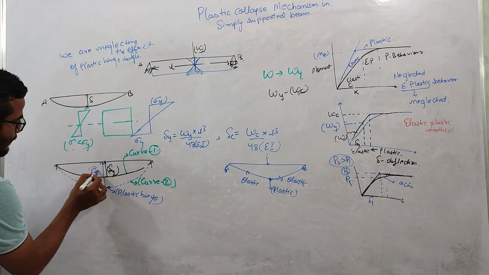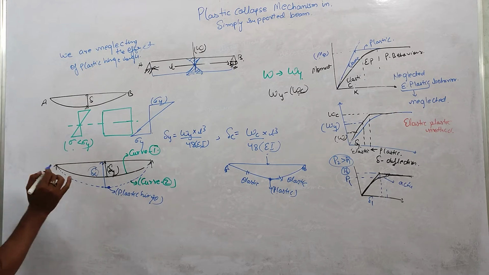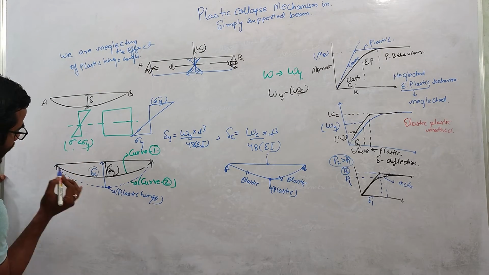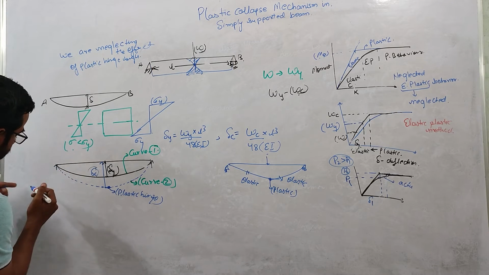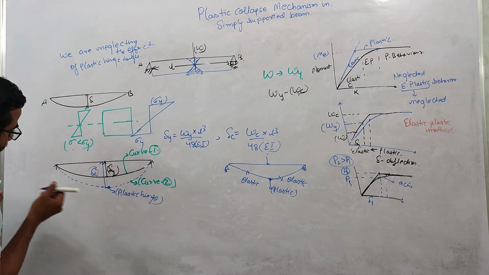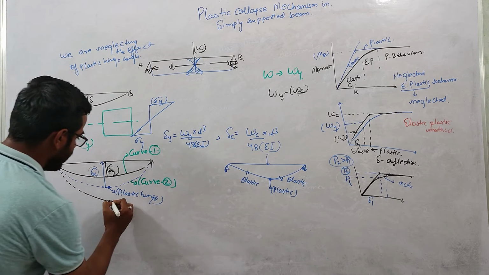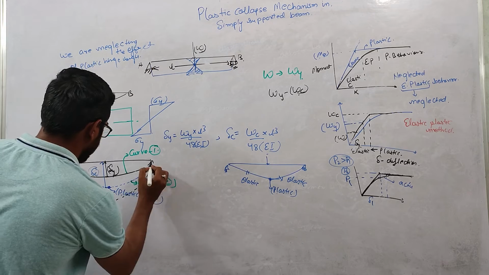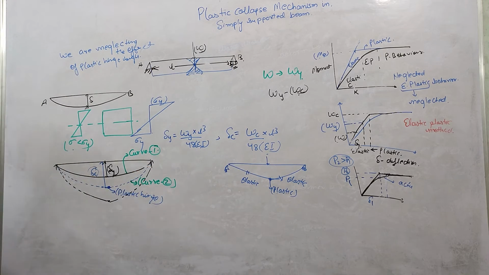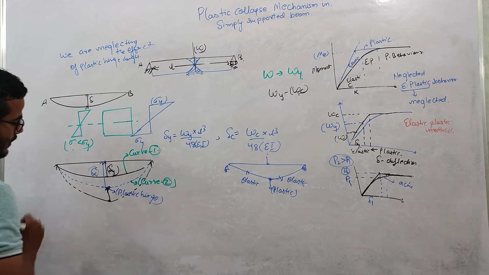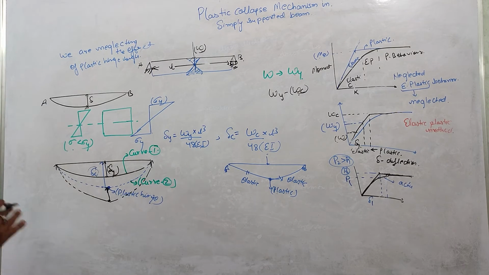So now when the beam reaches this collapse mechanism, just at the starting point of the collapse, for the plastic collapse to happen, for the mechanism to form, this will deflect like this. Okay. So this deflection is happening due to constant load.